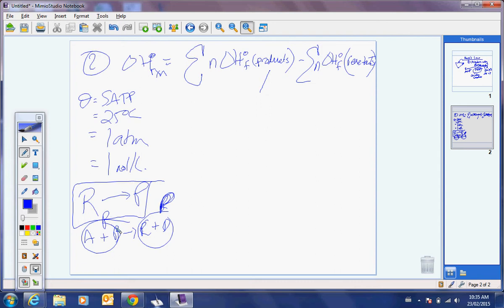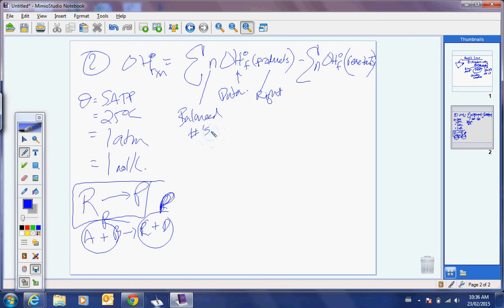Okay, so products are the ones on the right hand side. Where do you get their delta H values from? The data booklet. And what is the n for? Right, the balanced numbers.